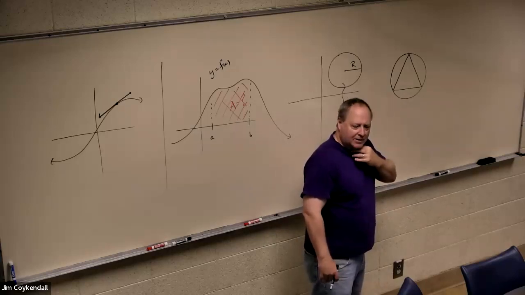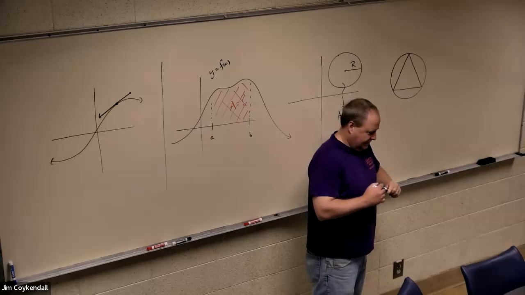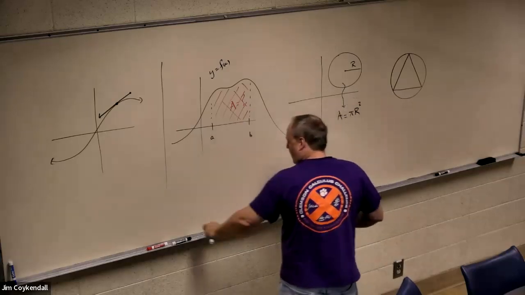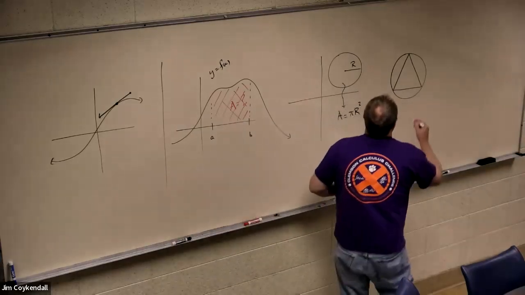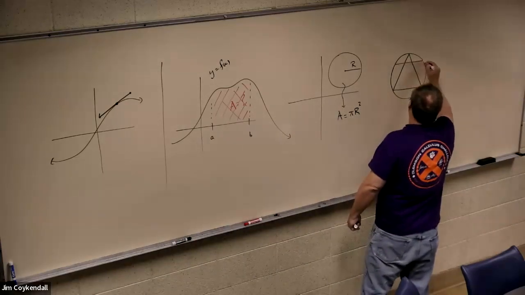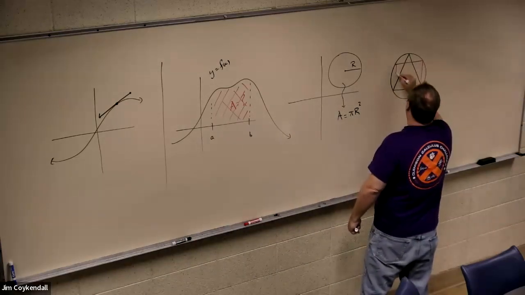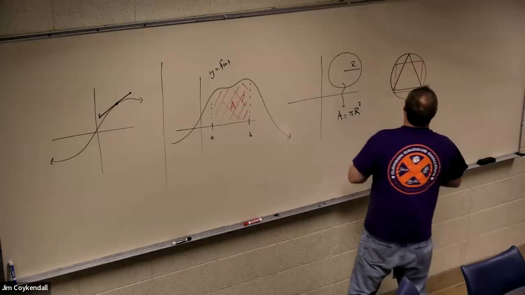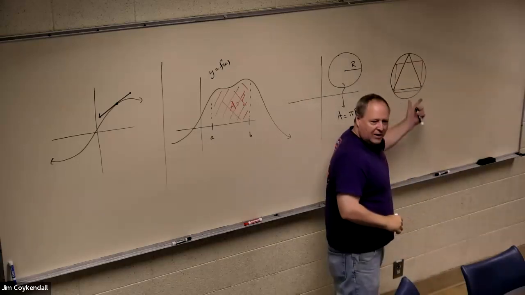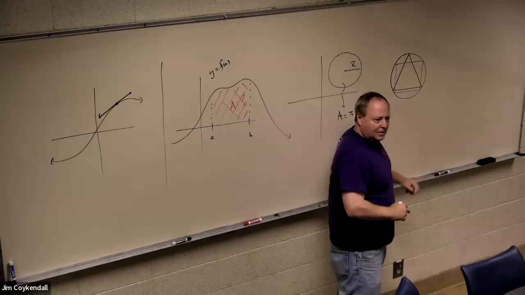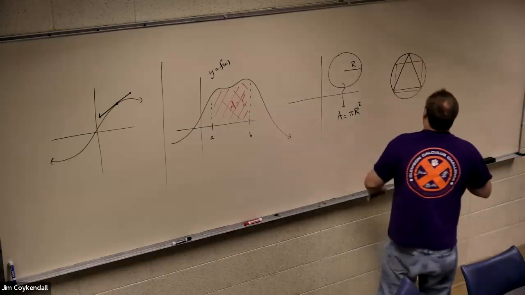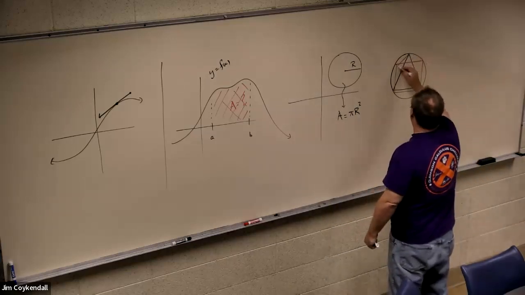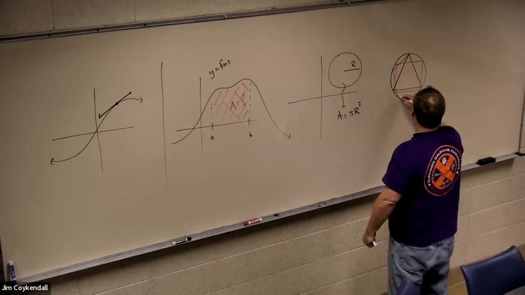What's a better approximation? Well, better, the square, because it looks like you lose out on less. You might even do better with a pentagon.